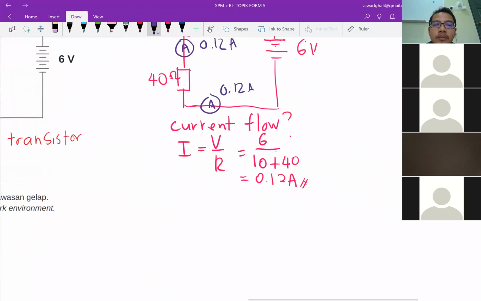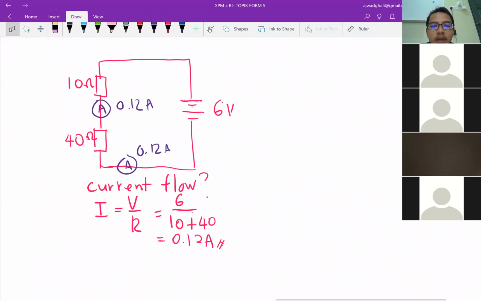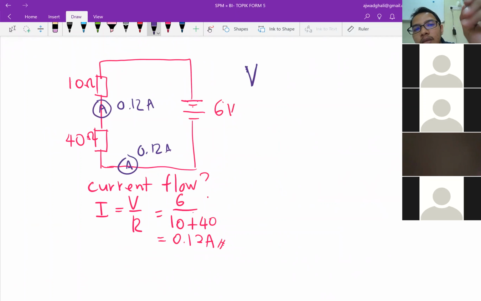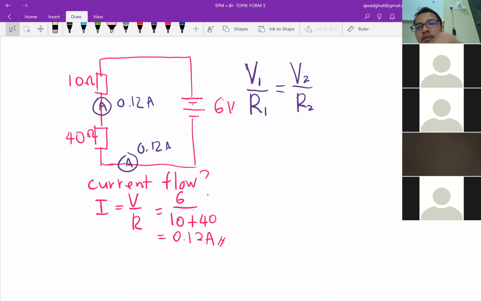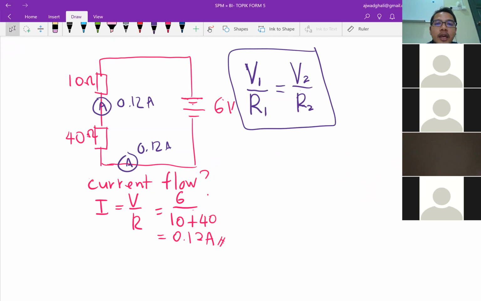So based on the same principle, the V that flows in resistor number 1 over resistor number 1 is equal to the V that flows in resistor number 2 over R number 2, because the current is the same. So using this formula, you can calculate here.